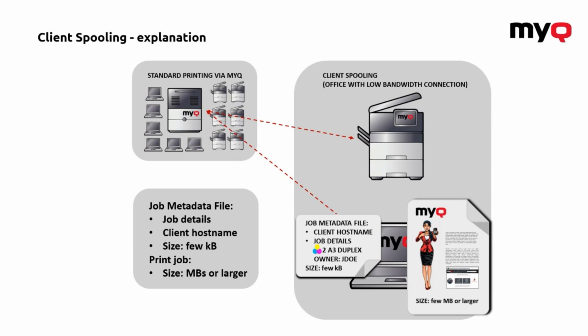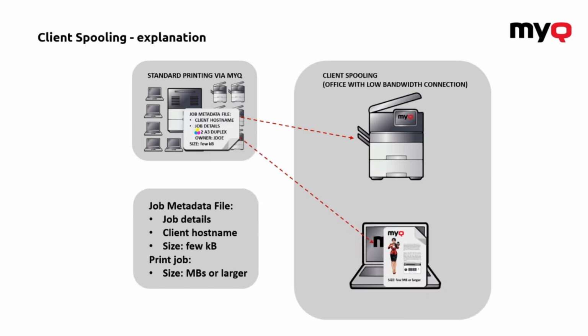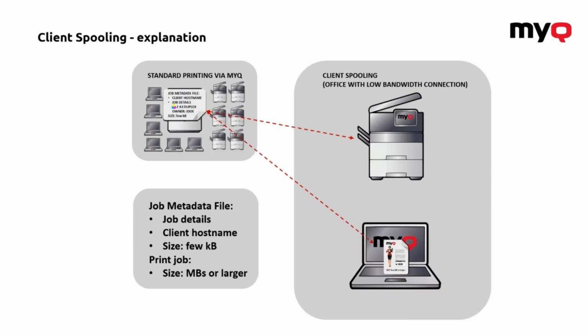This file, unlike the job, is really small, so if it goes to the server, it's not a big deal, while the job at the same time stays on your client. And when the user comes to the machine, as you've probably guessed, the metadata file is sent to your device, and the device then knows with which client to communicate, downloads the job, and releases it securely.